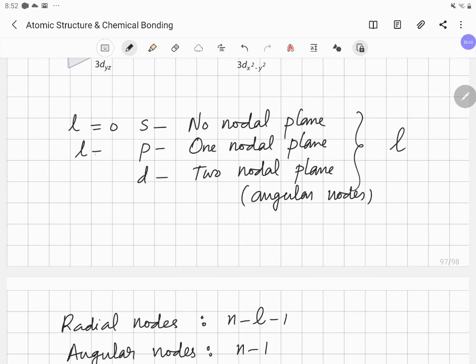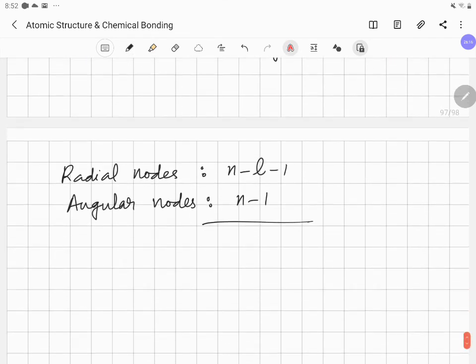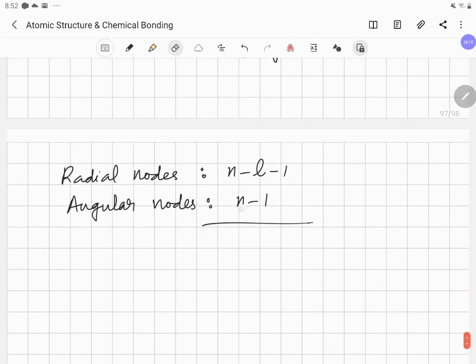For p orbital, L is equal to 1. For d orbital, L is equal to 2. So for s orbital, there are no nodes, it is 0. For p orbital, there is one nodal plane or one angular node. And for d orbital, there are two nodal planes or two angular nodes. So the number of angular nodes is L, not n minus 1.